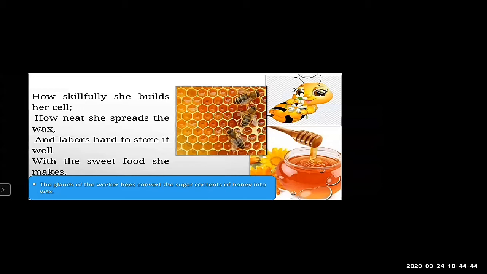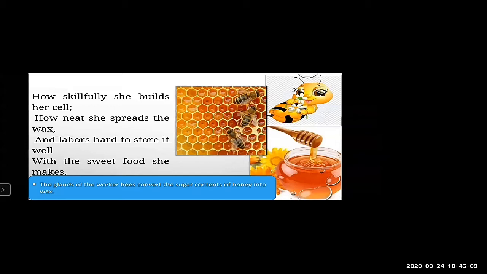They don't only store the honey, they also protect it from other insects, even from us. How do they protect? The bees have a sting at the end of their body, which is very poisonous.